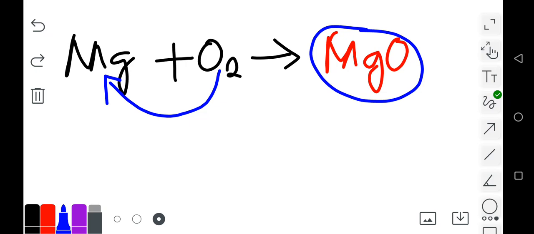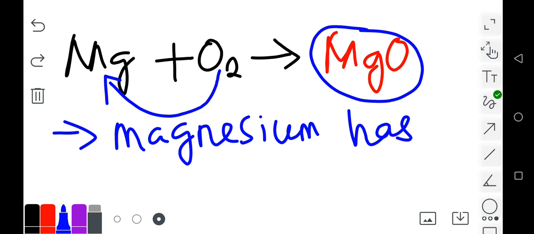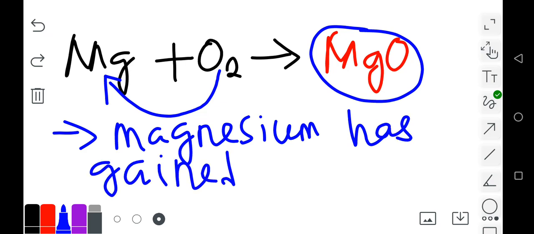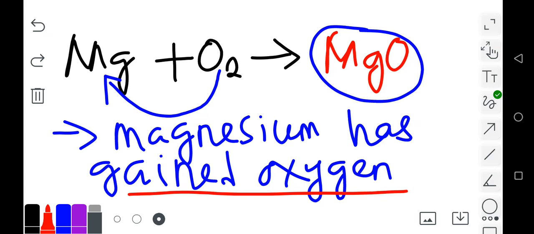Therefore, we can see that magnesium has gained the oxygen in order for it to become magnesium oxide.